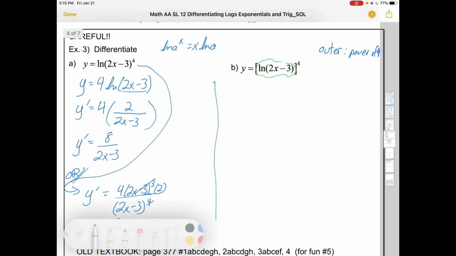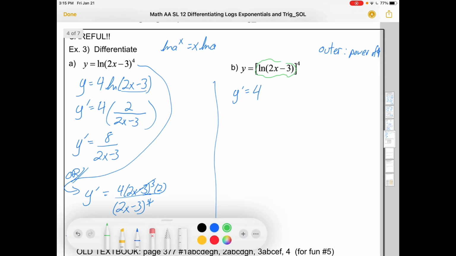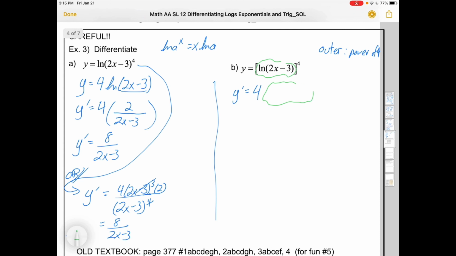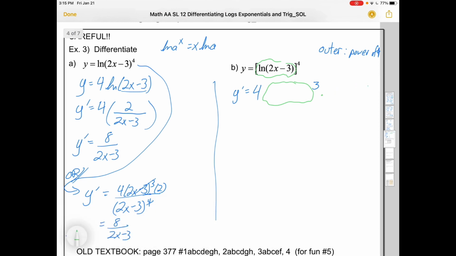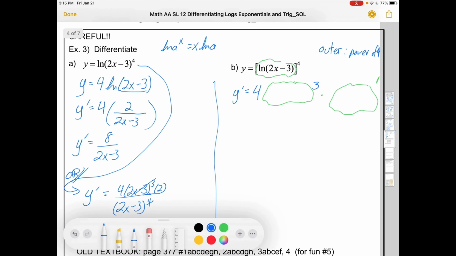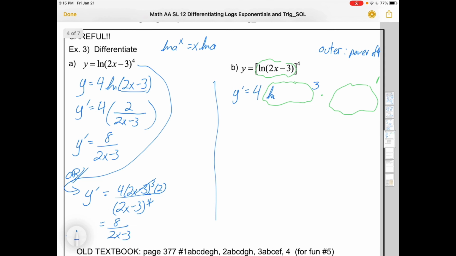So when I differentiate it, I have to deal with the outermost shell first. It's glob to the 4, so it becomes 4 glob to the 3 times the derivative of that glob, whatever that is. And I really like this graphical approach, that it's just a glob. So 4 glob 3, what is that glob? Oh, it's ln of 2x minus 3. And then times the derivative of the glob.